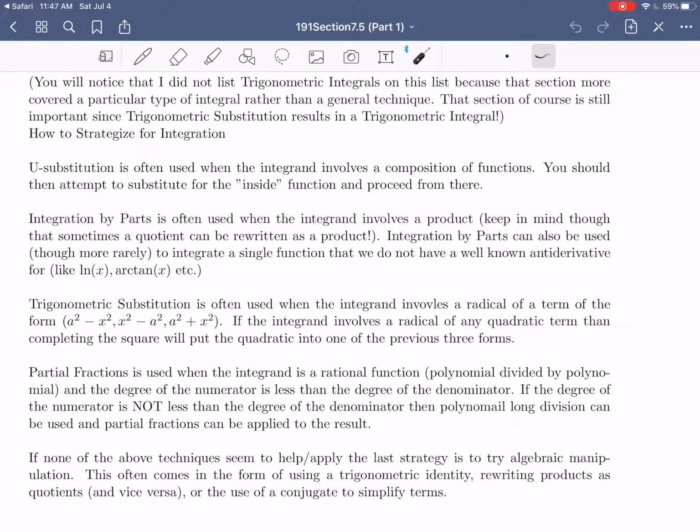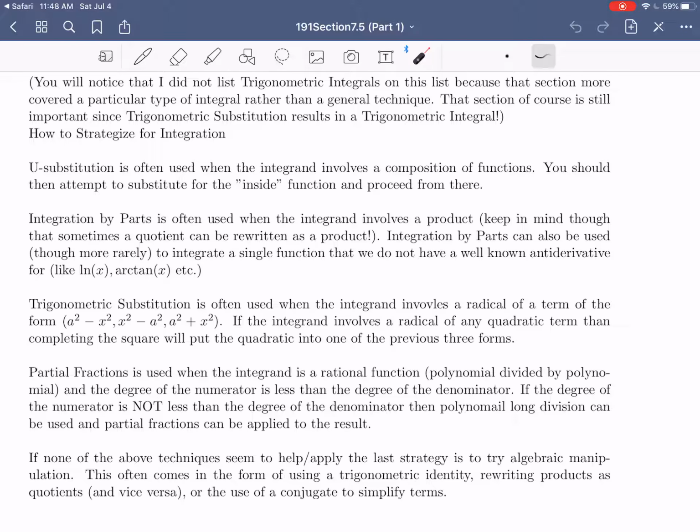You see something like natural log of x divided by x squared. That's a quotient, but if you think of it as natural log of x times x to the minus 2, now it's a product. So for integrands involving products, or simple quotients that can be rewritten as products, integration by parts is a good choice.